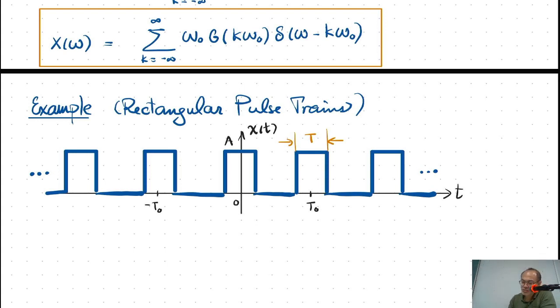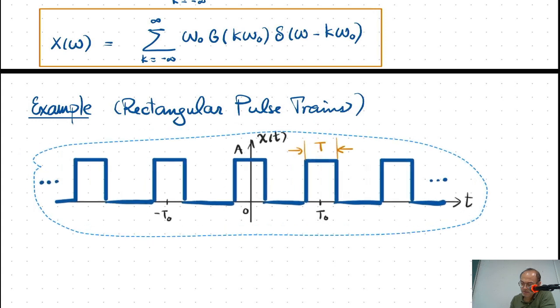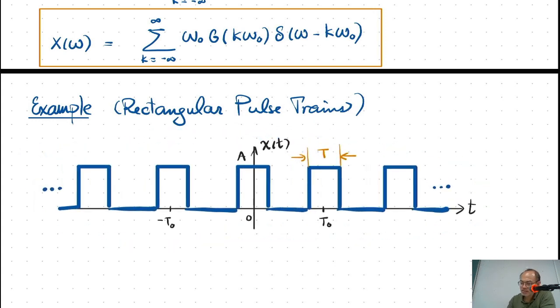So the first thing to do is to find the generating pulse. The generating pulse is a pulse of one period. So it is defined by this signal. The signal x of t is this pulse placed every t0.